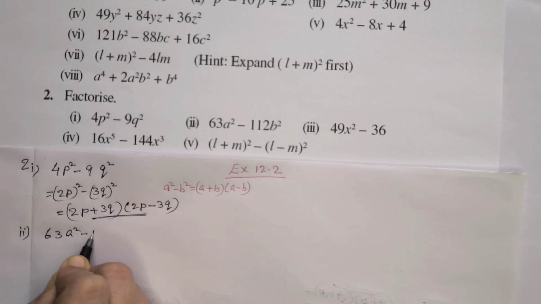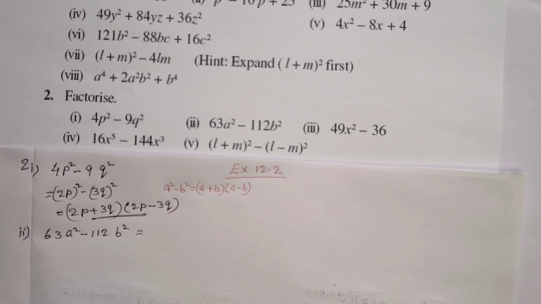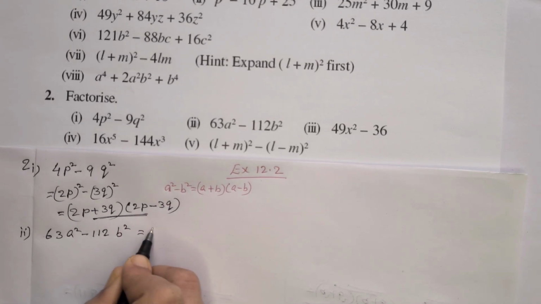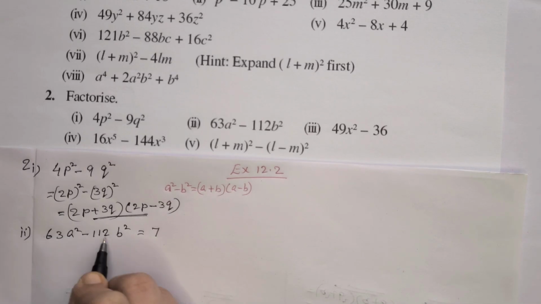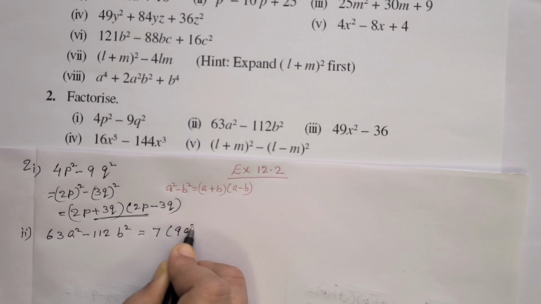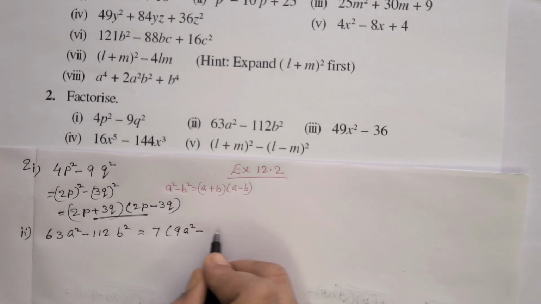Second one, 63a square minus 112b square. Here 63 and 112 are not perfect squares. So we have to make these numbers perfect squares by taking 7 as common. 7 is a common factor for 63 and 112. When we take 7 as common here, we get 9a square minus, when we divide 112 by 7, we get 16b square.